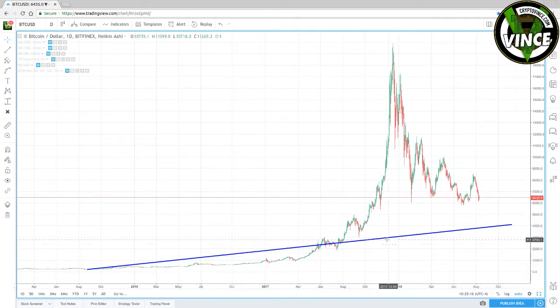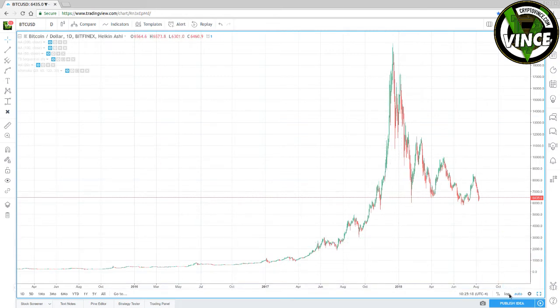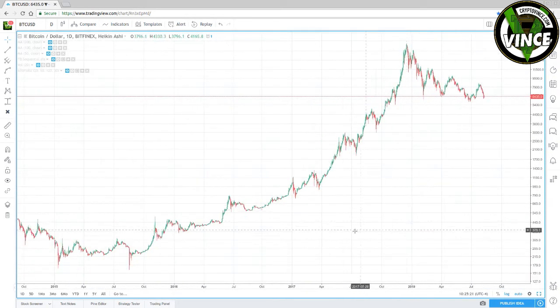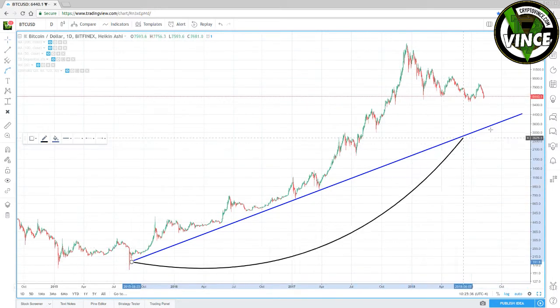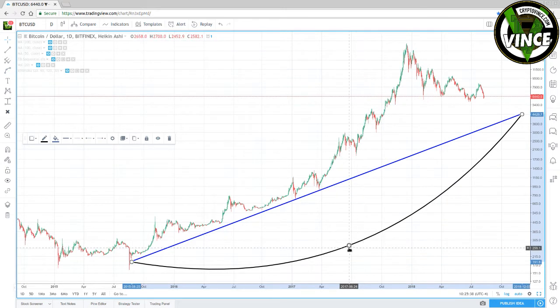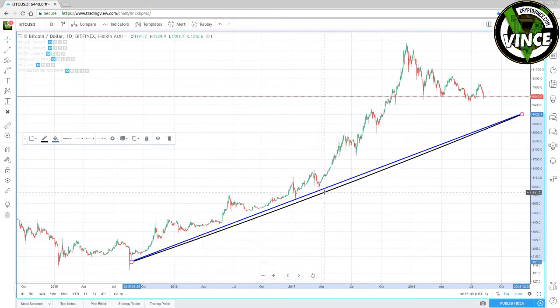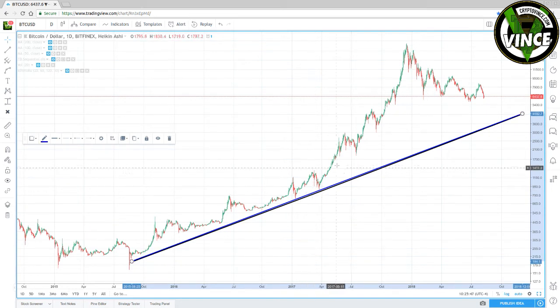Now, to make you understand this way better, what I did is pretty cool. I just figured this out, because if I switch from logarithmic scale to linear scale, my straight trend line won't bend. So what I did, I traced a curved line that follows the same trend line, like that, and I cancelled the other one there.